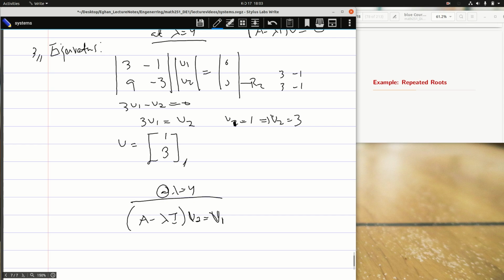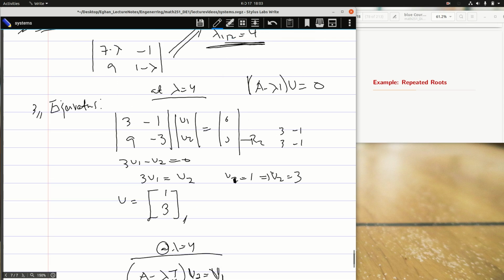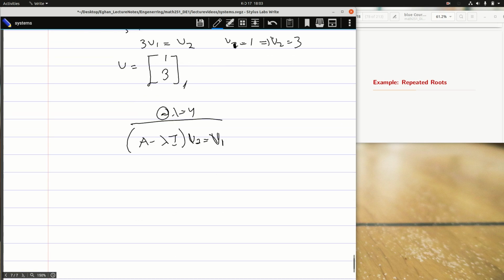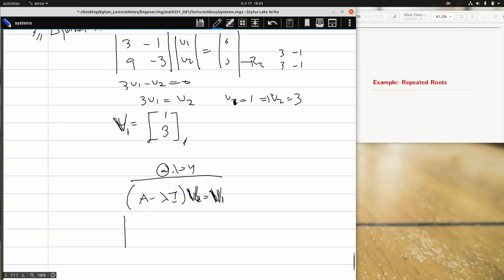For the first case, it is just A minus lambda I v is equal to 0. Now I have found v1, so I can use that to find capital V2. These are capitals. So this is going to give me the same matrix. I have 3, negative 1, 9, negative 3.